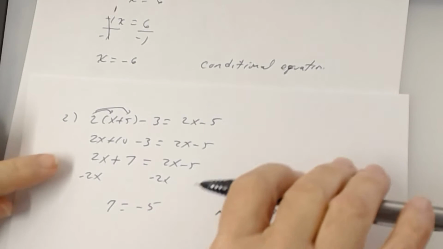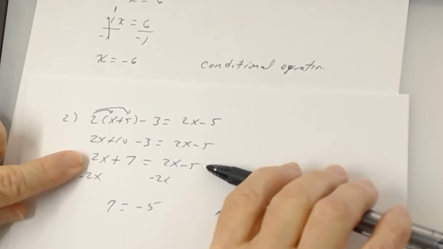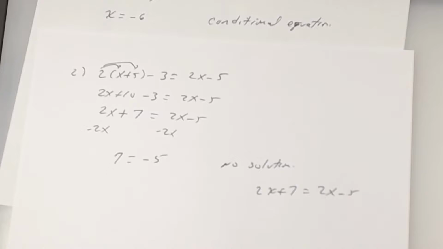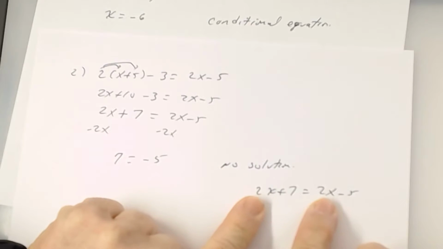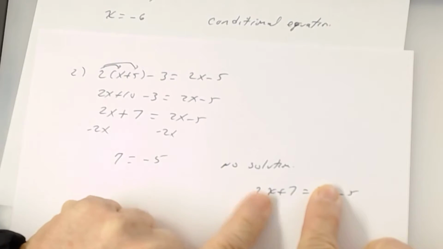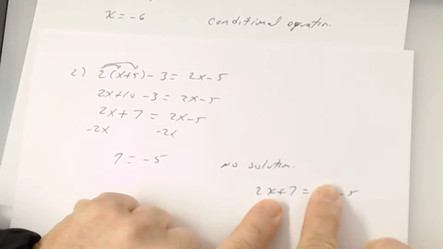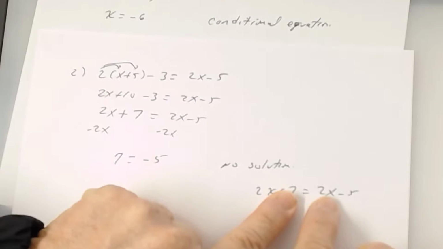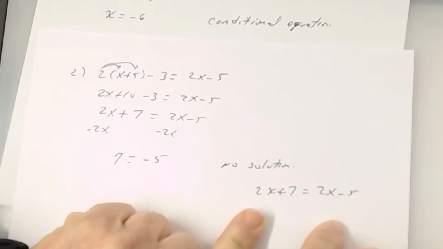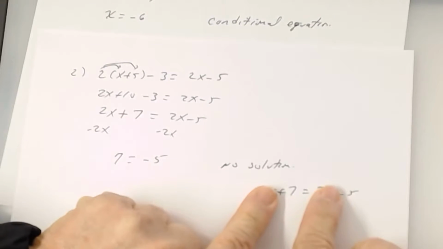And it kind of makes sense because watch this part right here. See this line right here that I'm pointing to? I'm going to rewrite this statement. So if x is 1, these two terms are identical, right? When x is 1, 2 times 1 is 2. Is 2 plus 7 the same as 2 minus 5? No. When x is 3, these two terms will be identical.